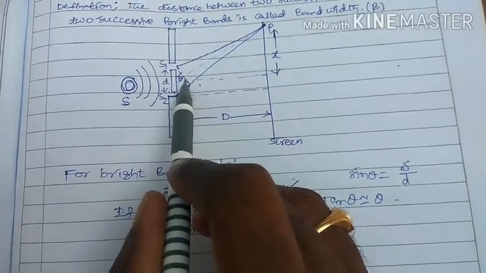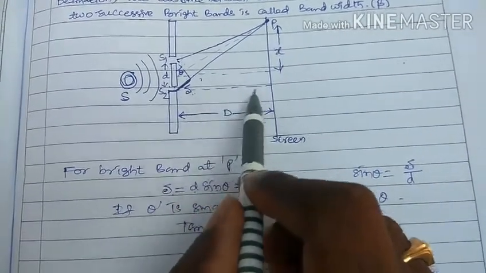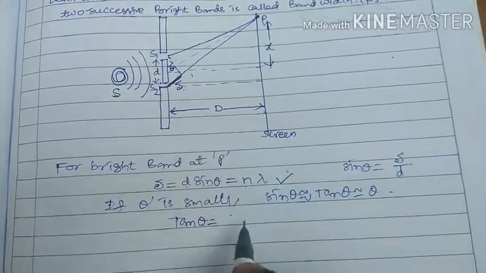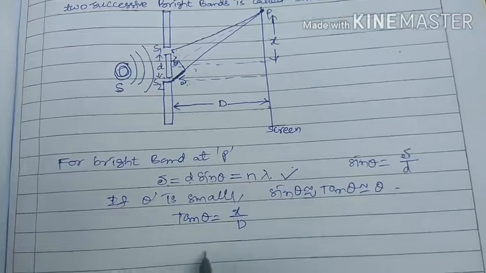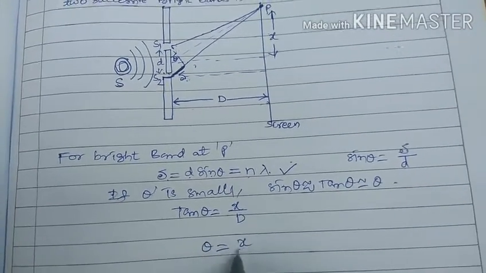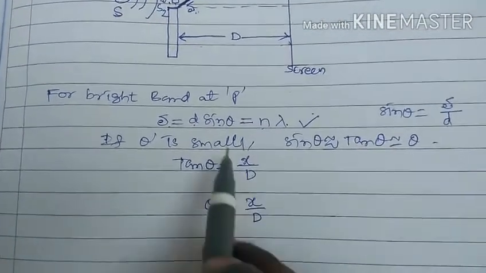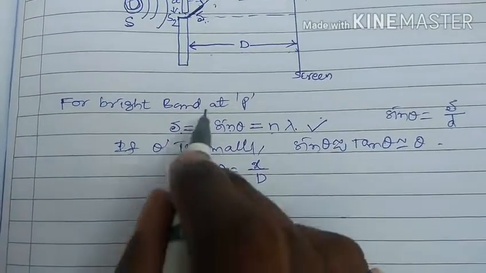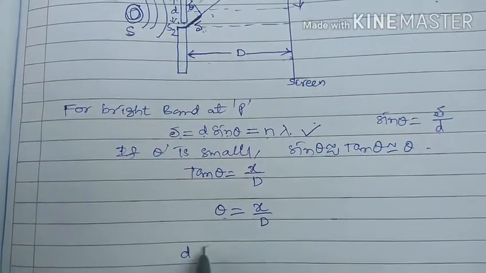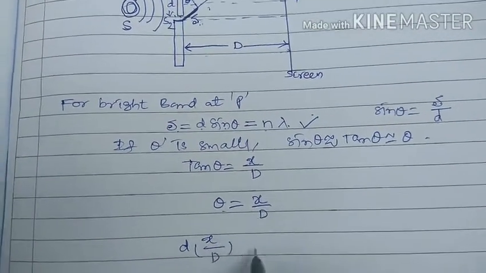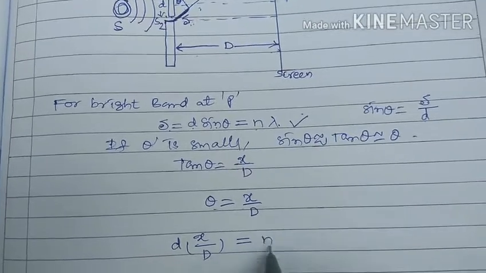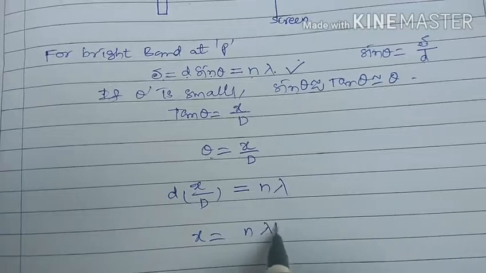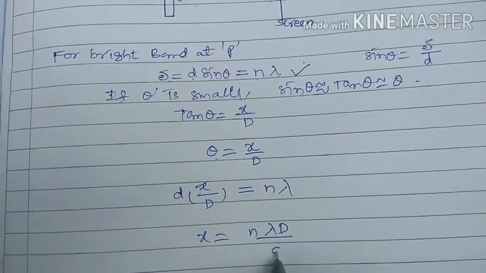The opposite of theta is x and the adjacent is the distance between the two screens, capital D. So tan theta is x by D, so theta equals x by D. Substituting into d sin theta, that is d times theta equals d times x by D, which equals n lambda, where x equals n lambda D by small d.